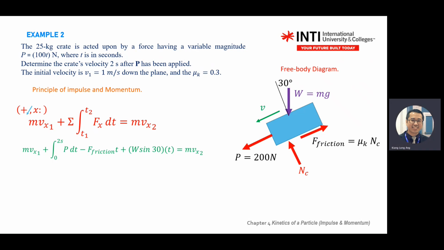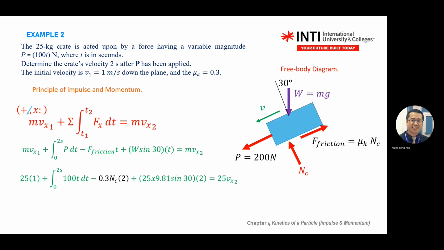You miss this one, 50% gone already. Go and practice why this one is sine and not cos. X direction is not necessarily cos. You need to refer to the diagram. Then you substitute all the values.